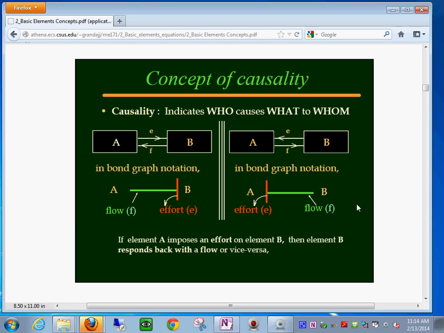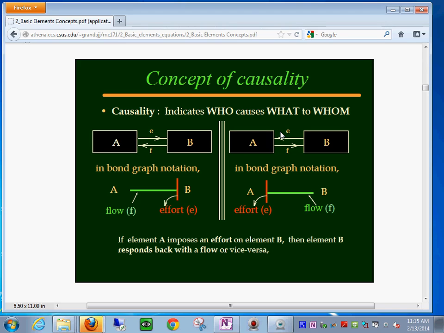So in this case, you see that A applies the effort to B, and B reacts with the flow F. In this other case up here to the right, you have that the effort goes from B to A. Take a look at the one on the bottom in here.